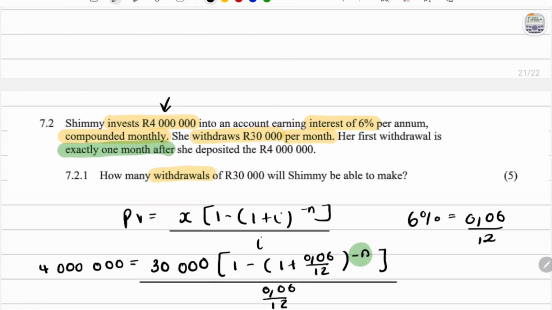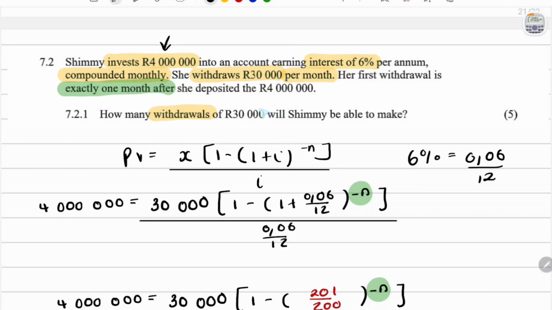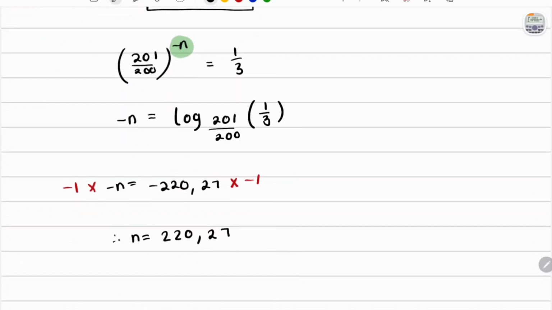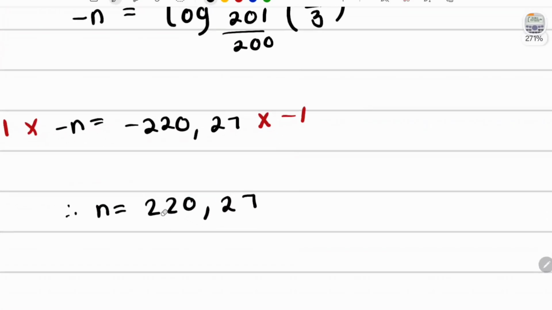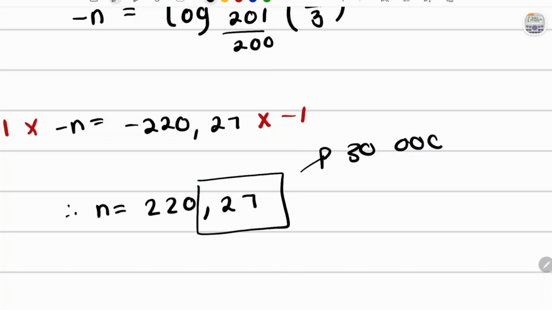Now, focus on what the question asked. The question is specifically asking, how many withdrawals of 30,000 Rand would Shimmy be able to make? So if you think about that, this is 220.27. But think about that 0.27. Is that really a full 30,000 Rand? No, it's not a full 30,000 Rand. It's less than 30,000 Rand. That's what that 0.27 stands for.